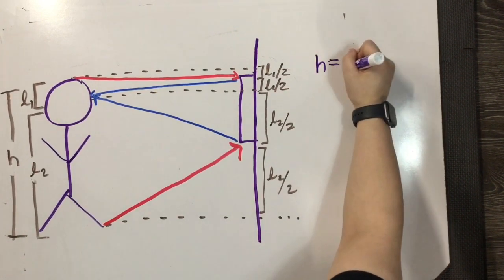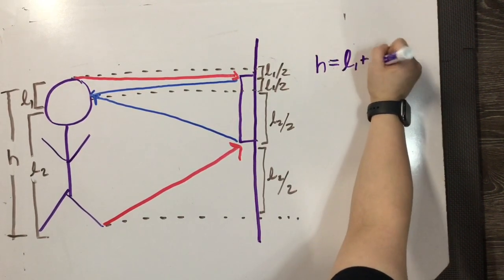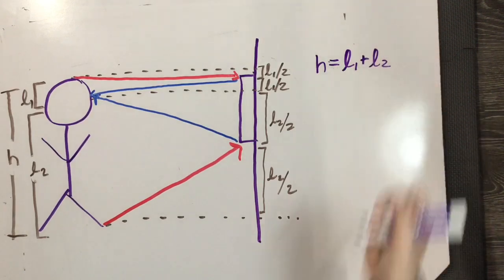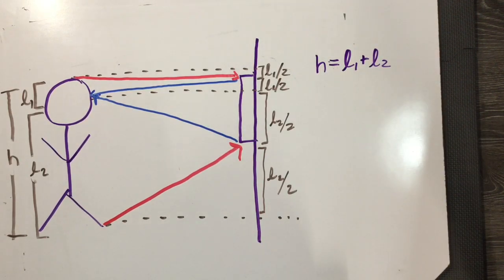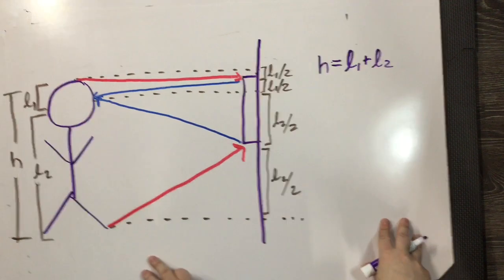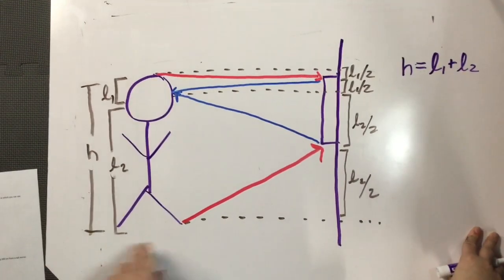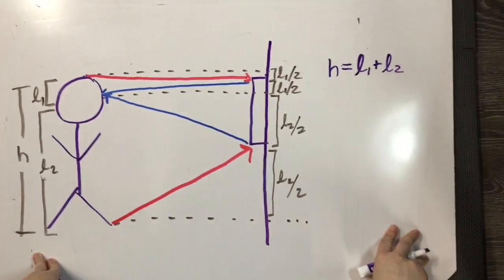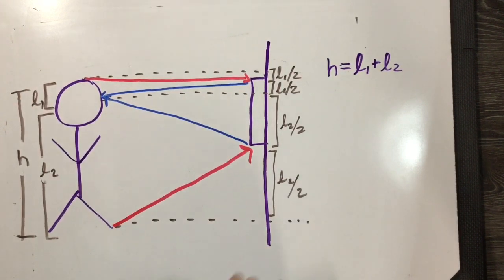H is equal to L1 plus L2. That's just what we have over here. Oh, H is L1 plus L2.